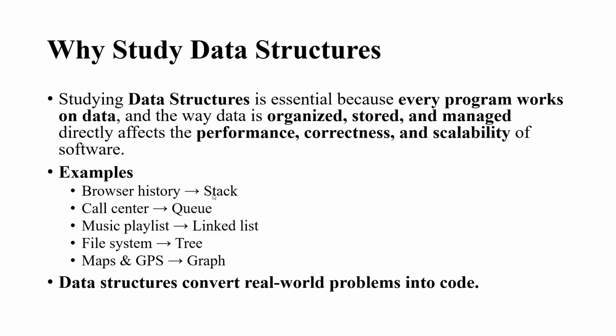And when it comes to the queue data structure, call center organizations will maintain some queues. So based on the tickets, they will attend those calls. For example, 10 calls are received at the call center. They will take them on a first come first serve basis.